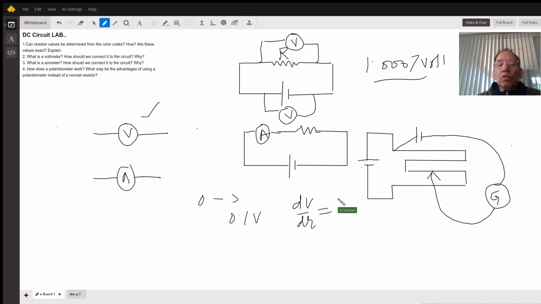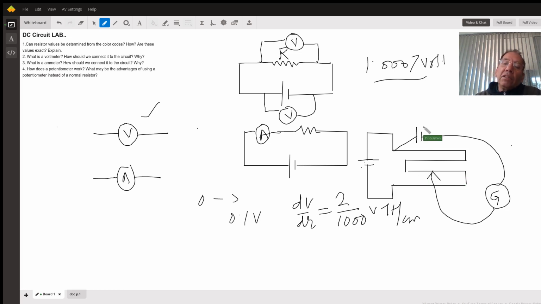So suppose there is 2 volts dropped across a length of, say, 10 meters, and 10 meters changed to centimeters, 1000. This will be 2 by 1000 volt per centimeter, the least count of this potentiometer, or the least voltage you can measure. And if you can measure up to millimeters, it will be 2 divided by 10,000 volt per millimeter as the least count.